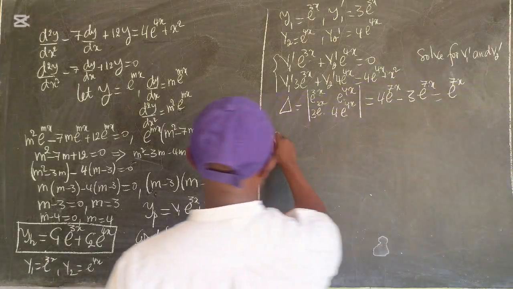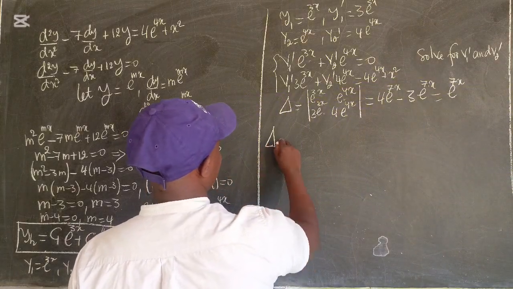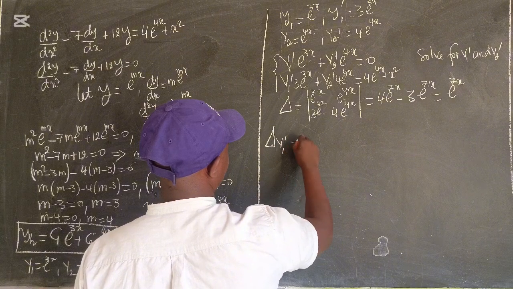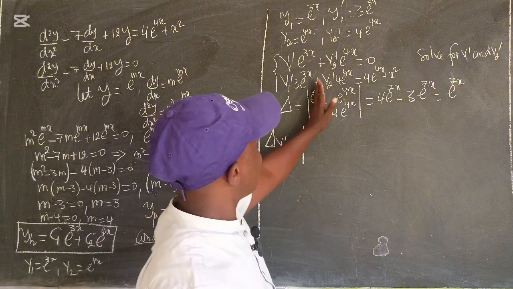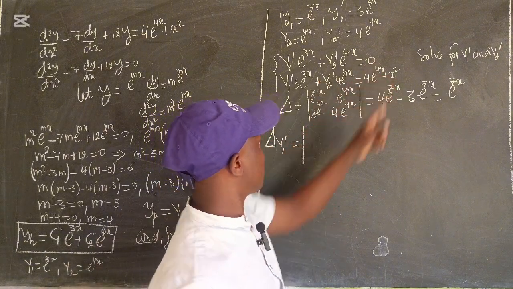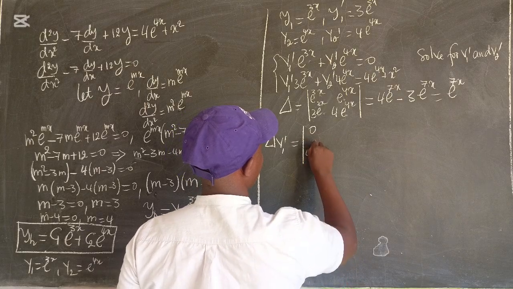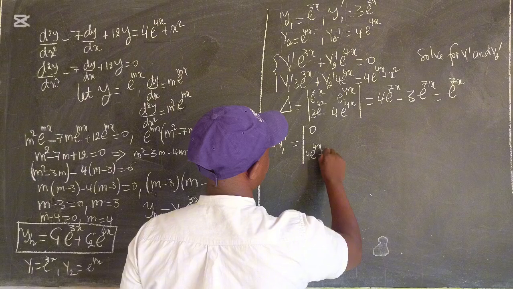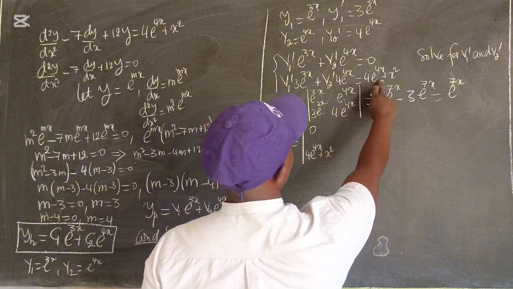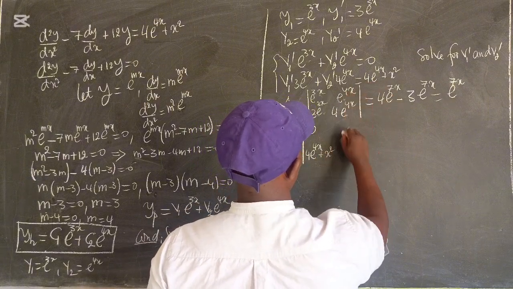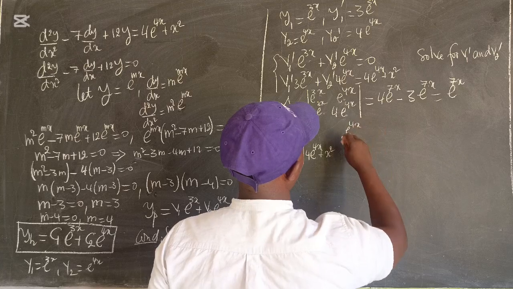Okay, let's find the discriminant of v1 prime. This stuff will be replaced by this. Here is 0. Here is 4 exponential of 4x times x squared. Here is exponential of 4x.